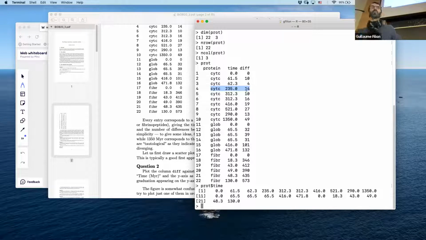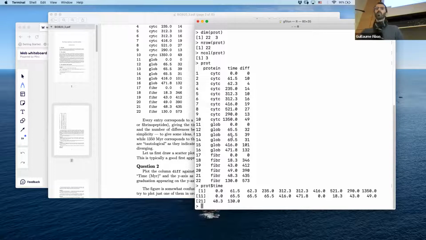A row of a data frame is not a vector because you have text and numbers. So when you want to select a row, sometimes you have fairly annoying bugs just because of that. The only reason I'm telling you this right now is that at some point, if weird things happen when you select the rows from a data frame, remember it's because it's not a vector.